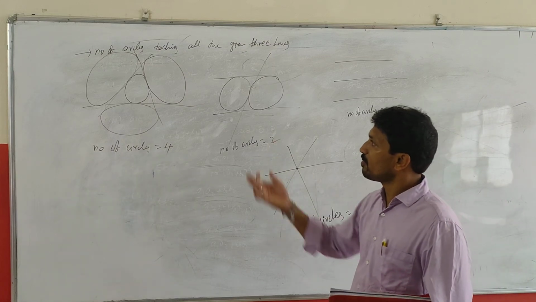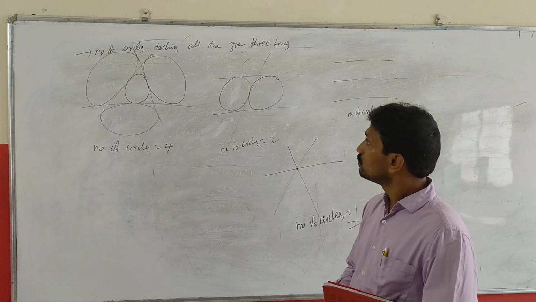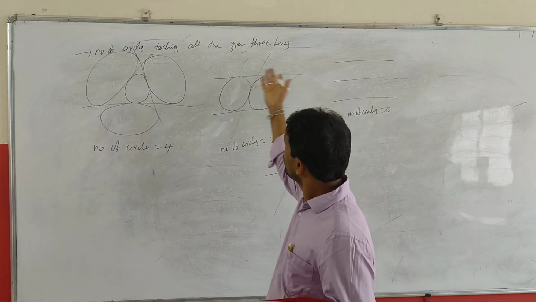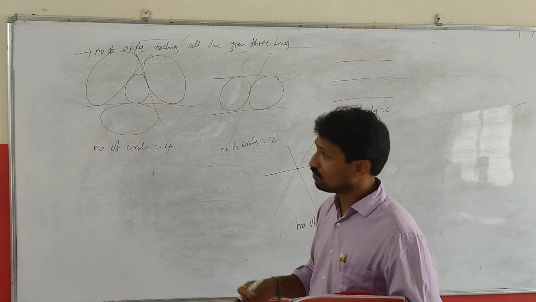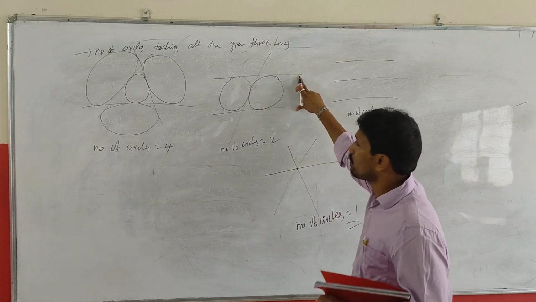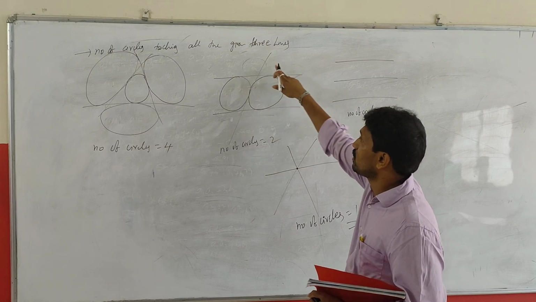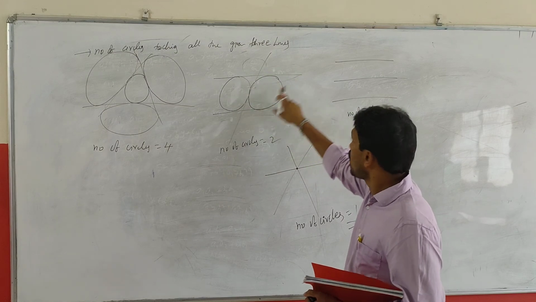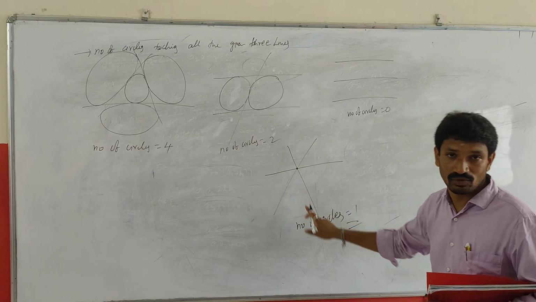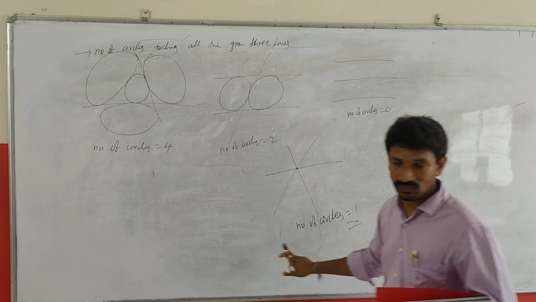This is a very important topic. Remember, they may ask questions like that. Given three lines, first of all we have to check: if two are parallel and another is different, then 2 circles. If all are parallel, then 0 circles. If concurrent, then 1 circle.